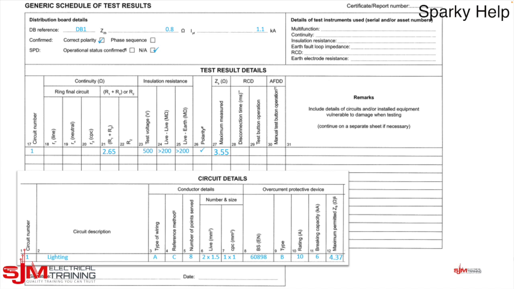It would look as though it passes, but remember this 4.37 is from BS7671, which is based at 70 degrees, and we have tested at about 15 degrees. So we'd have to compare these two values, but they're very difficult to compare when they're at different temperatures.